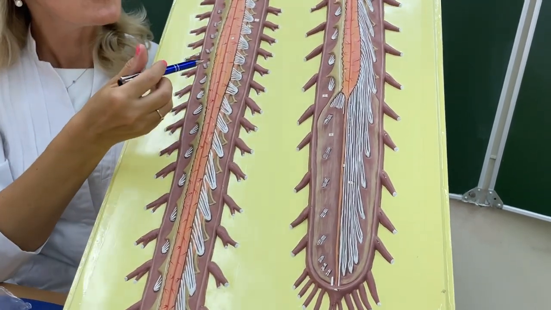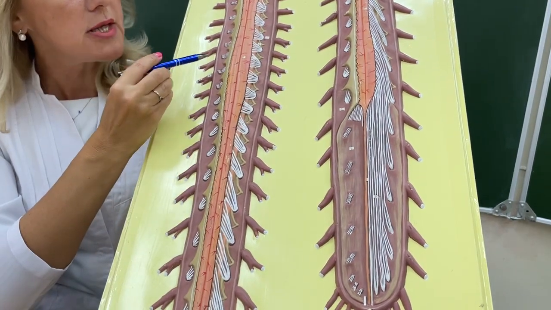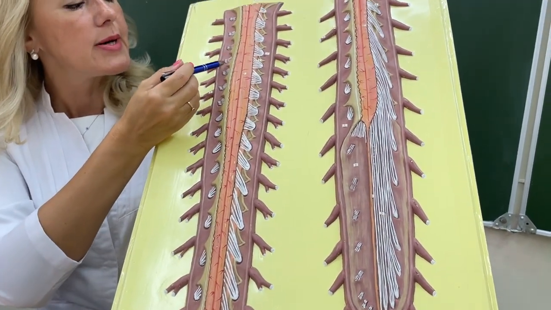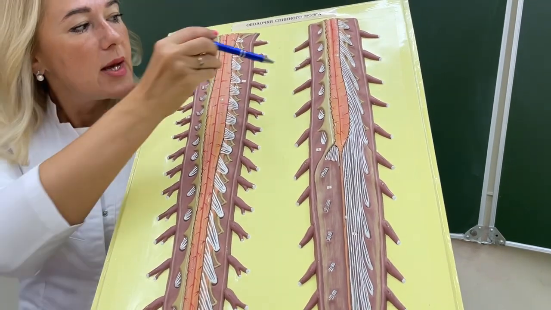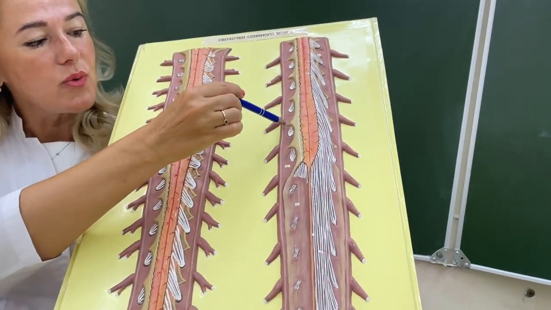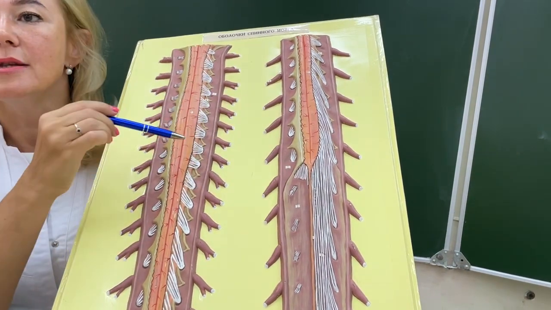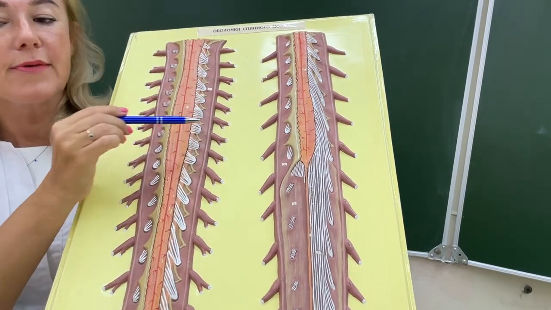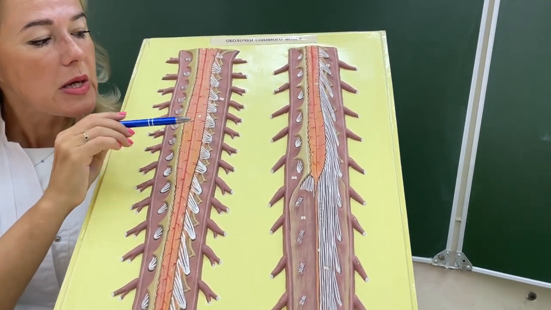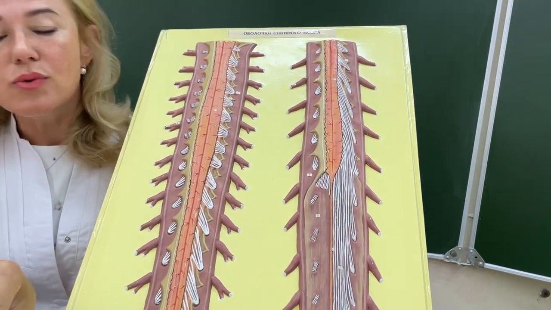We can see also that the direction of roots is different in the upper parts. They are located nearly horizontally, but by the way downwards, they are more or less vertically located. And to get to a certain intervertebral foramen, the root should go down to get it.